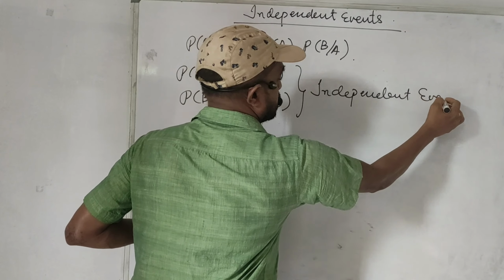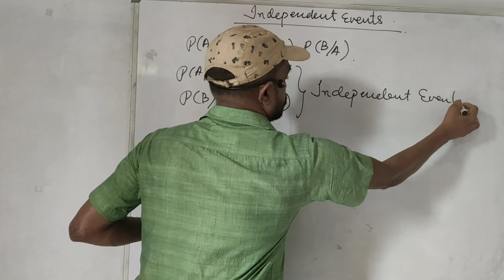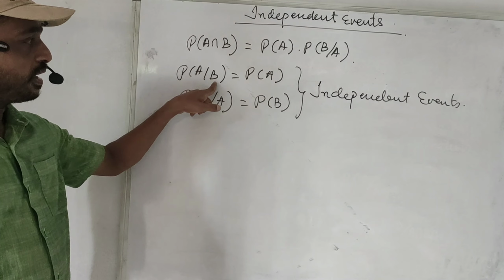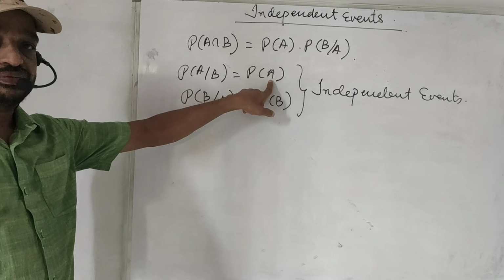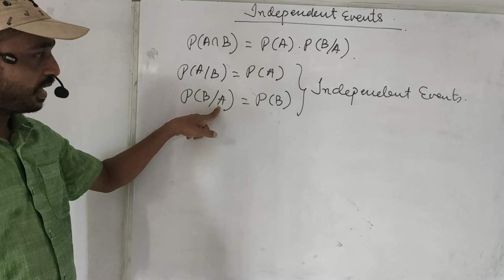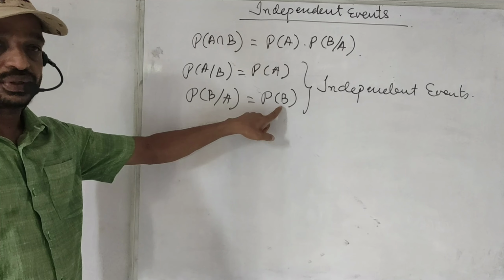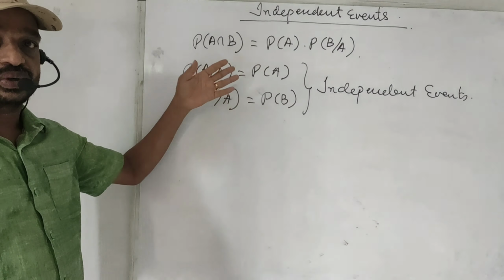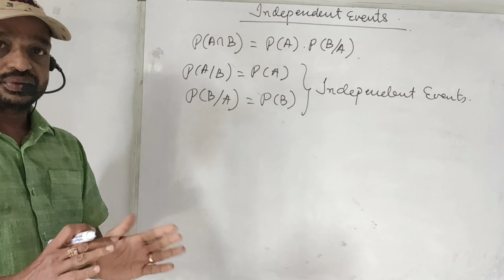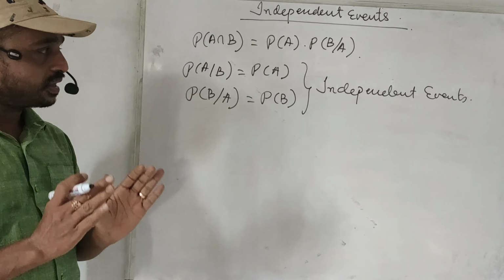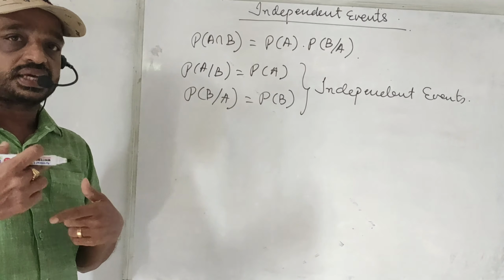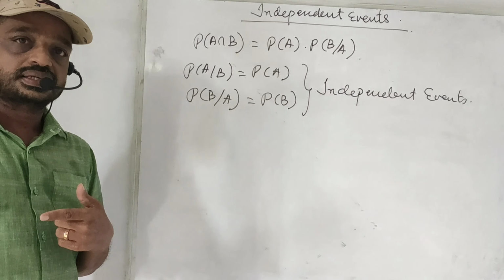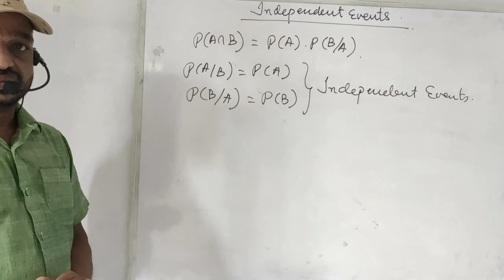So if A and B are independent events, what is the condition? P(A | B) will be equal to P(A) and P(B | A) is equal to P(B). So if two events are independent, what does it mean? Occurrence or non-occurrence of one of the events does not affect the probability of occurrence of the other.